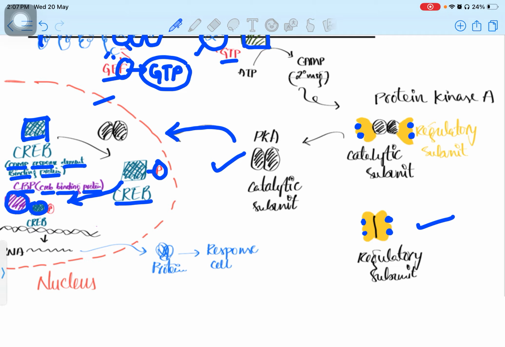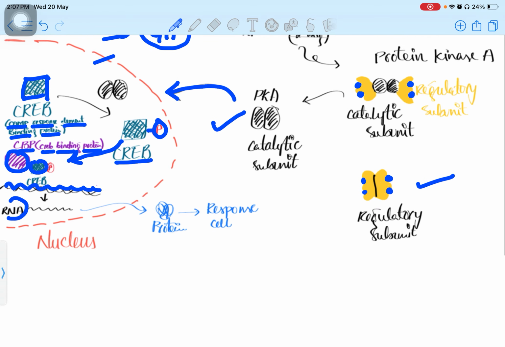Both CREB and CBP activate some molecules so that DNA is transcribed to make RNA. After formation of RNA, the RNA goes and makes a protein. The protein produces some sort of response for the senses like vision or smell.